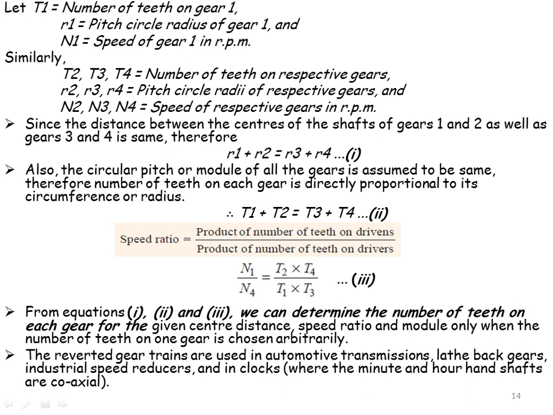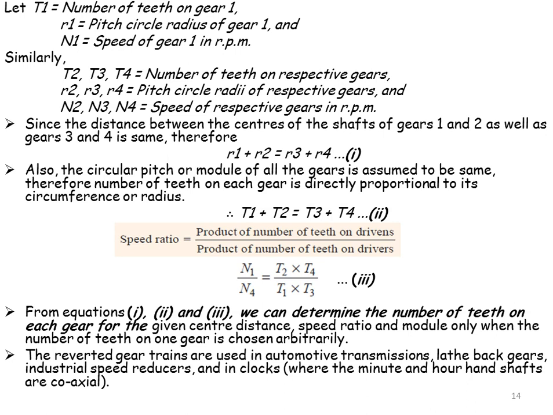If you consider the equation for the reverted gear train, let us take T1 as the number of teeth on gear 1, R1 as the pitch circle radius of gear 1, and N1 as the speed of gear 1, and similarly for the other gears T2, T3, T4, pitch circle radii R2, R3, R4, and speeds N2, N3, N4.